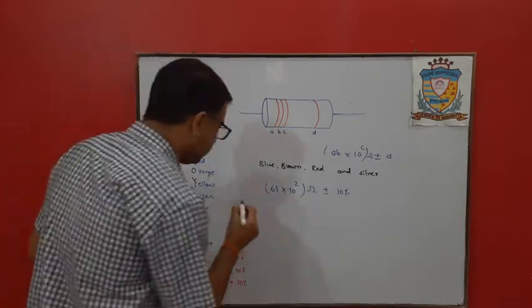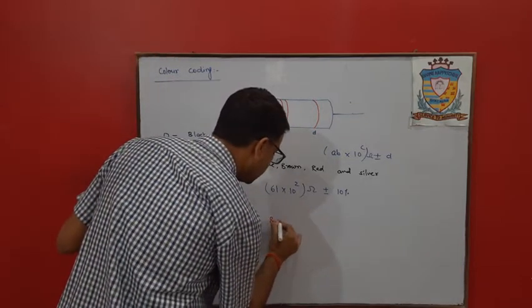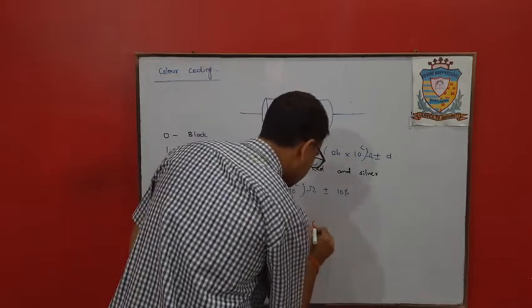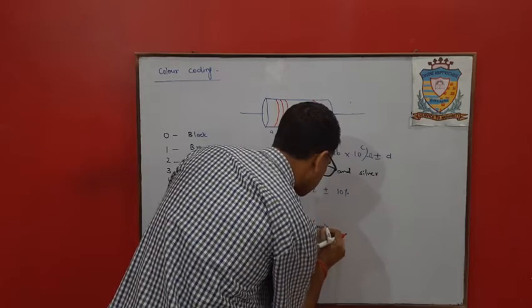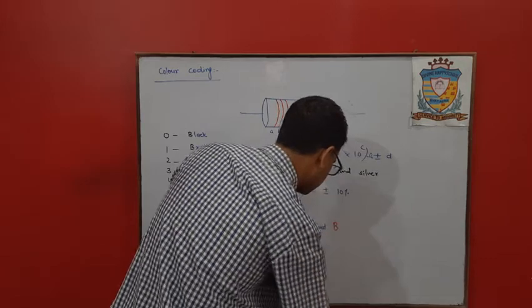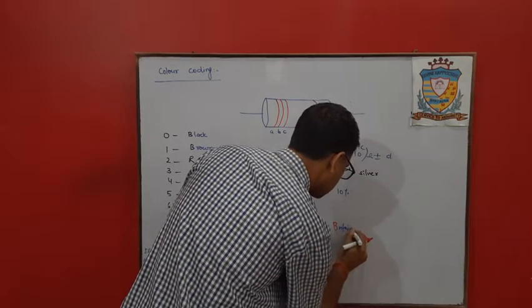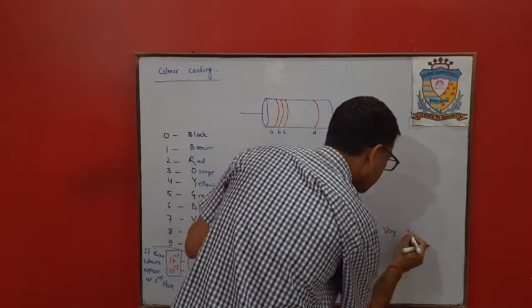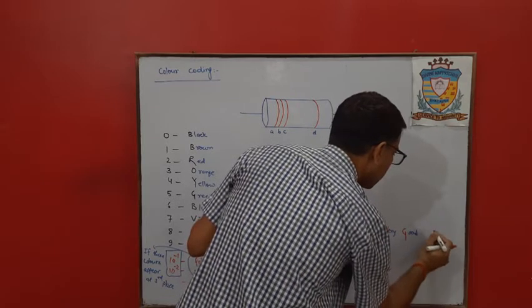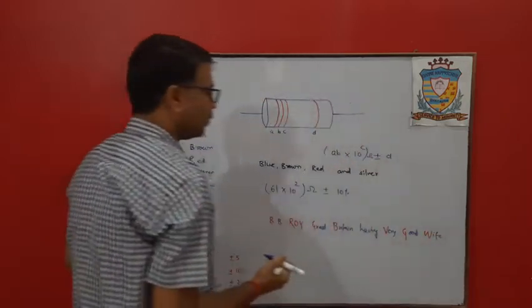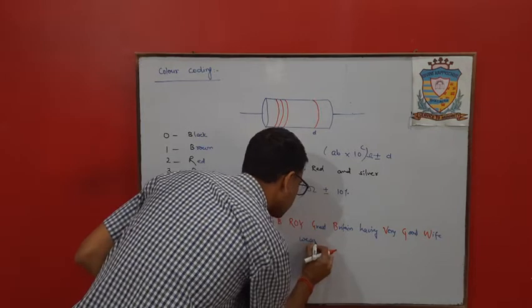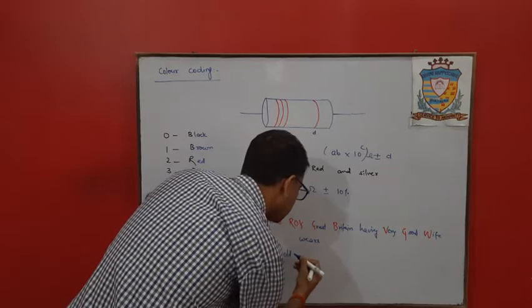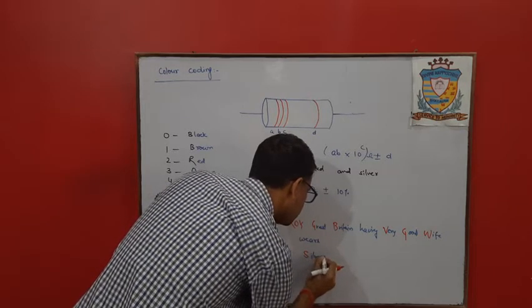So to memorize it, what we have is B.B. Roy, Great Britain having very good wife wears gold silver necklace.